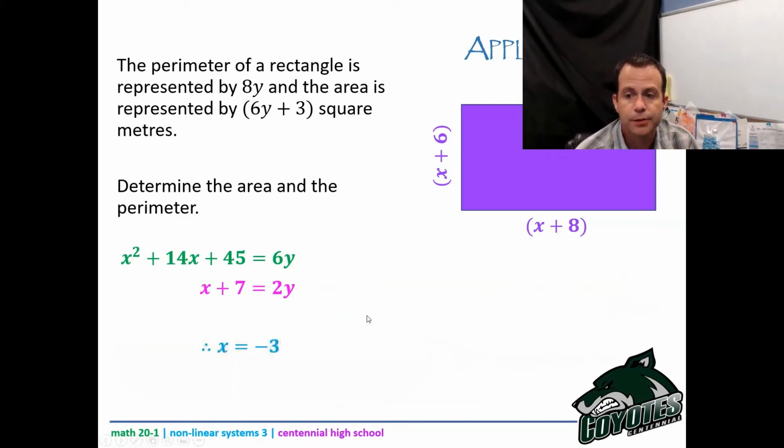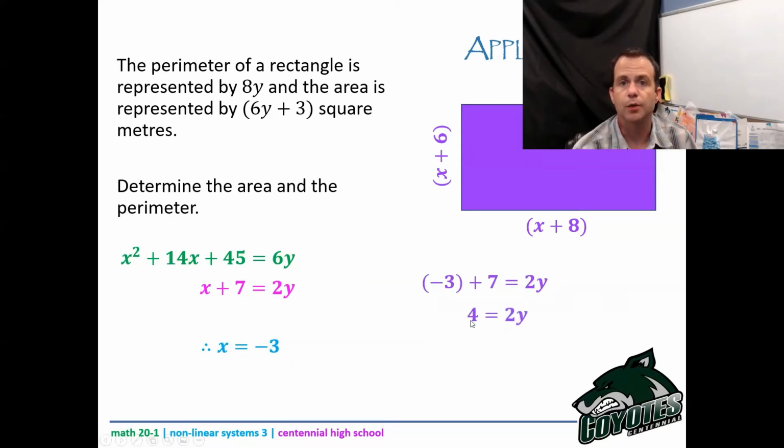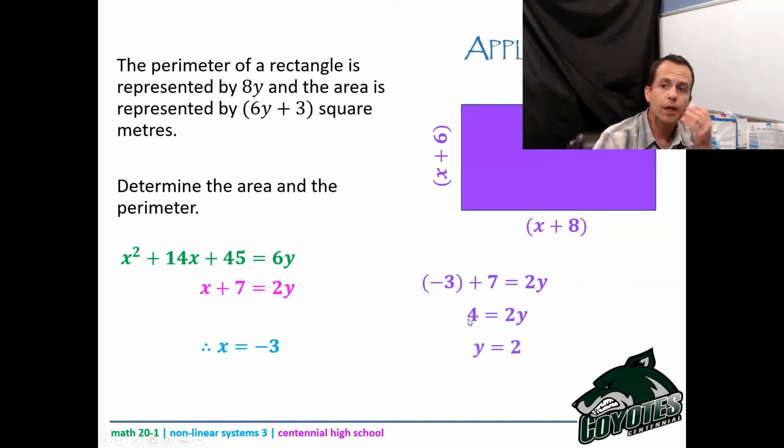Okay, so if x is negative 3, I'm now going to plug that in and get my y value out. So negative 3 plus 7 is 2y, so 4 is 2y, and y is 2. Now, the question didn't just say solve it, it said determine the area and perimeter. So now there's a few different ways I can go about doing this. I could plug negative 3 in to my x's on these dimensions and figure out my area and perimeter that way.